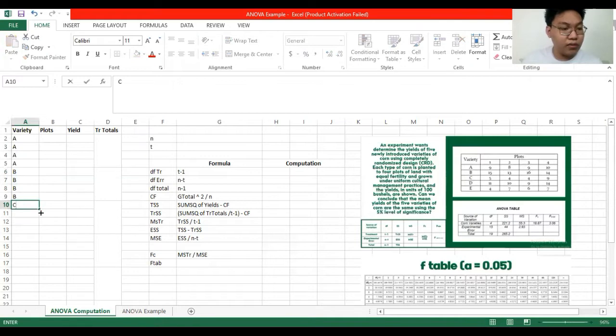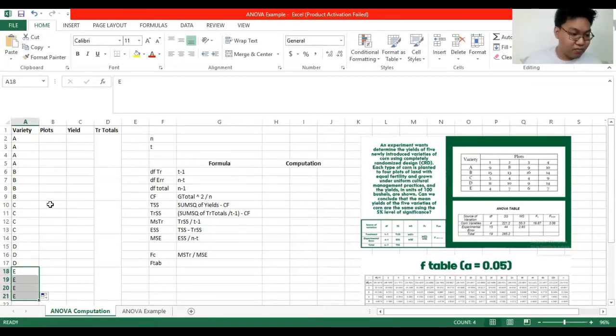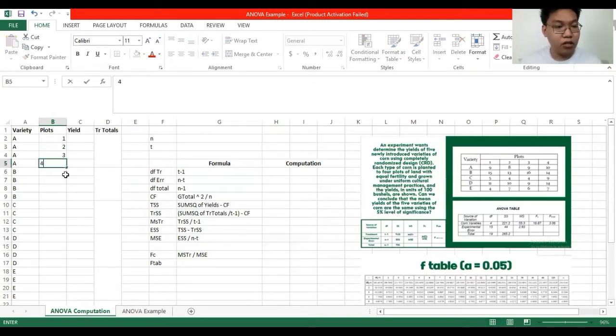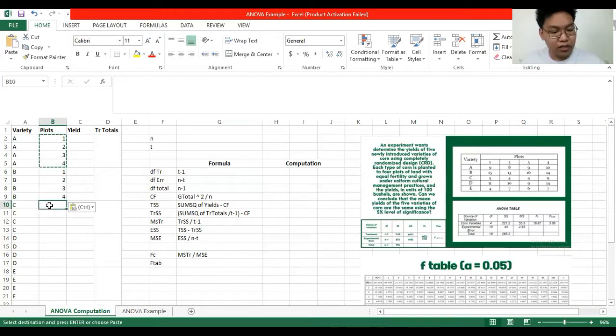C, 4 times, D, 4 times, and lastly, E. Yeah, so that's it. For the plots, for me to actually know the labels of each plot, I will place 1, 2, 3, 4 here, that means plot 1, plot 2, plot 3, and plot 4. So I will just copy paste all of this.